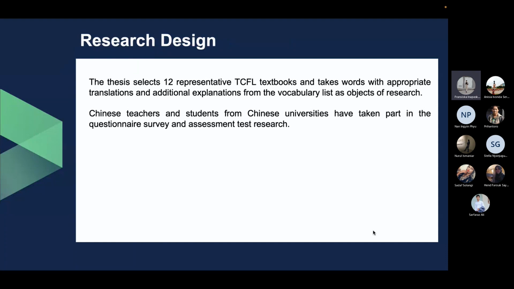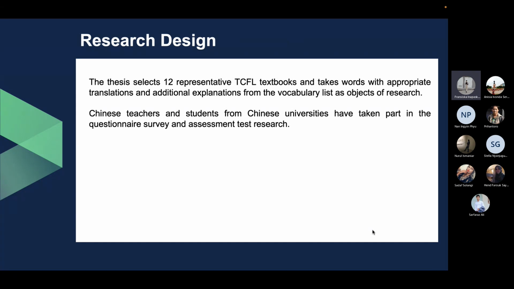Next is the research design. The thesis selects 12 representative TCFL textbooks, and text words with appropriate translations and additional explanations from the vocabulary lists, as objects of the research.